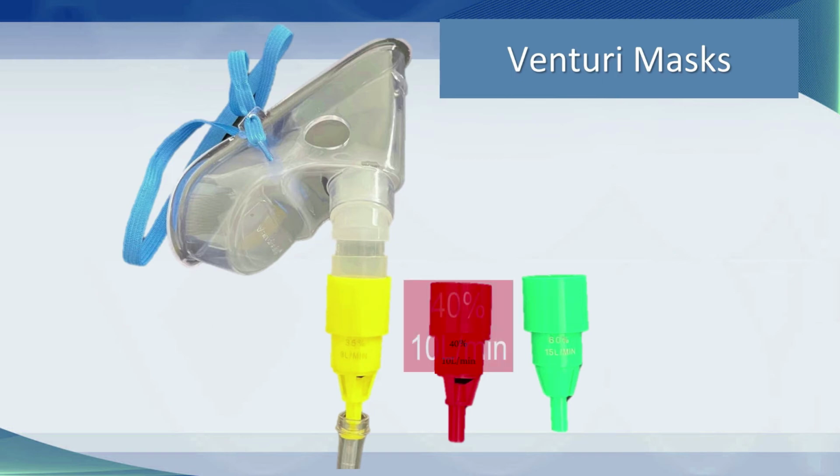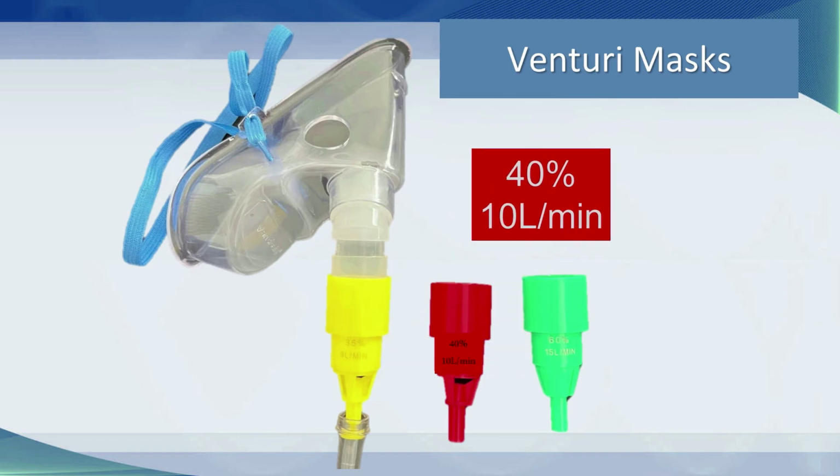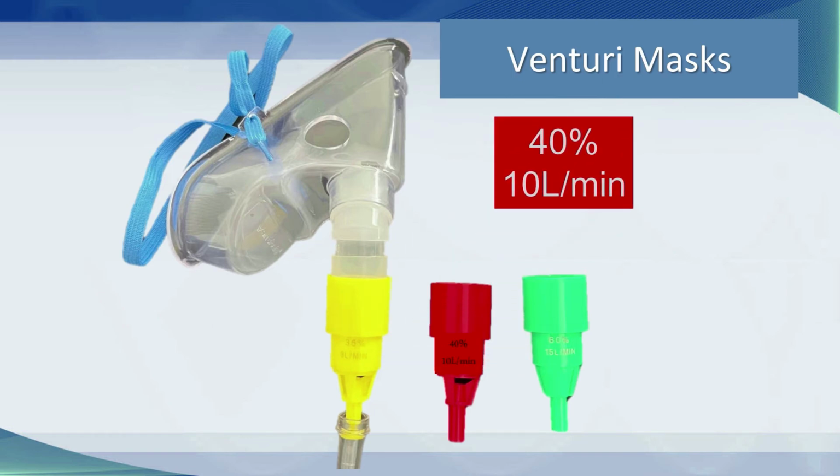In this case, we have 40% oxygen requiring 10 liters of flow. And each one of the Venturis will have this. The one on the left there is 35% oxygen requiring 6 liters of flow, and the green one is 60% oxygen requiring 15 liters of flow.